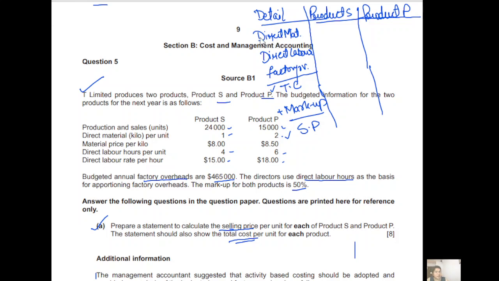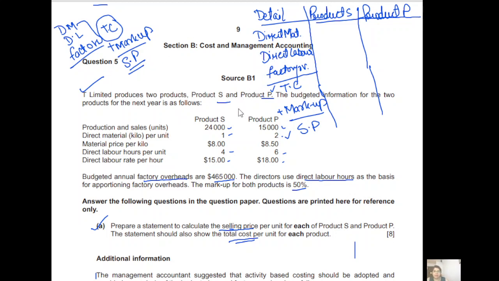First of all, direct material, then direct labor, then factory overhead, then you will find your total cost. When you find your total cost, you have to add the markup given in your question, and then you will find your selling price. So it's very simple.